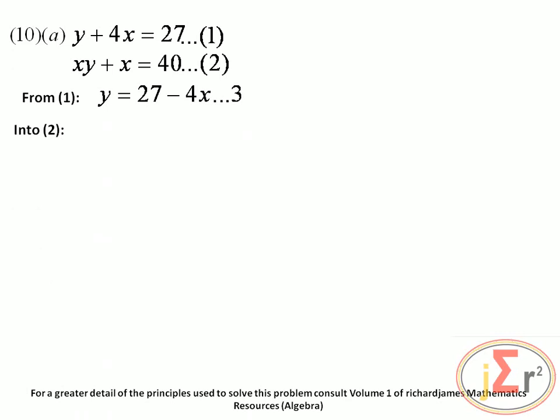Therefore, in 2, where we see y, we put 27 minus 4x. So x multiplied by y becomes x multiplied by 27 minus 4x. And of course, it is important for us to include brackets because the 27 is going to be multiplied by the x and the negative 4x is going to be multiplied by x. So it is the entire expression 27 minus 4x that will be multiplied by x.